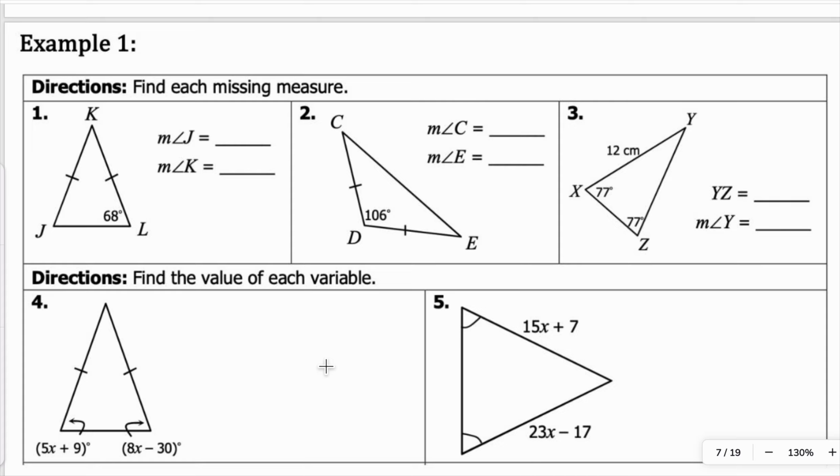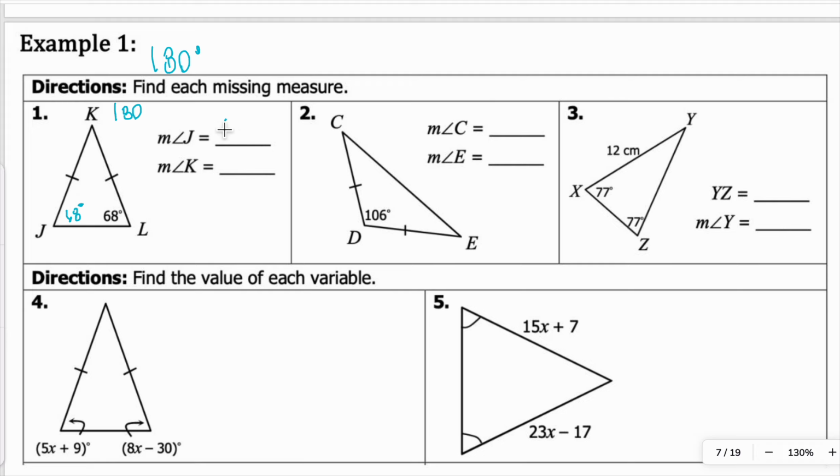So in number 1, we're going to look for angle J and angle K. Remember, all triangles have a total of 180 degrees for their interior angles. An isosceles triangle has two matching angles, which means if the bottom right-hand corner is 68, the left-hand bottom corner would also be 68.